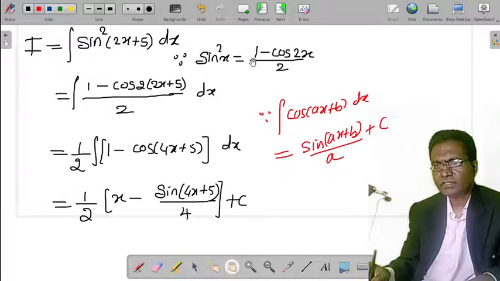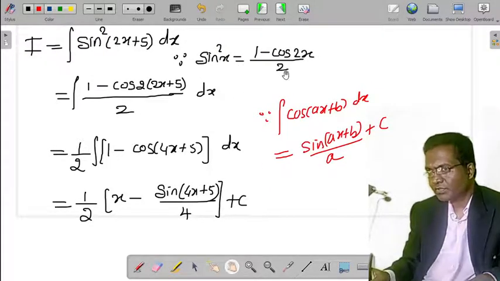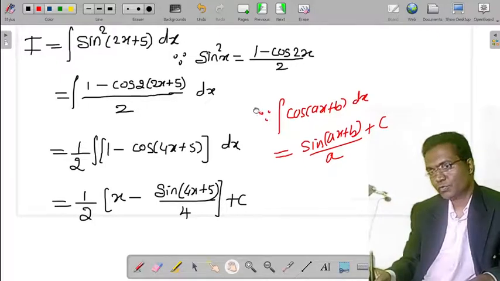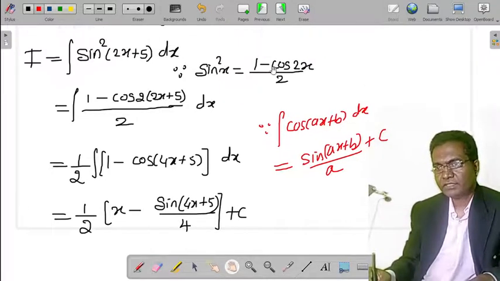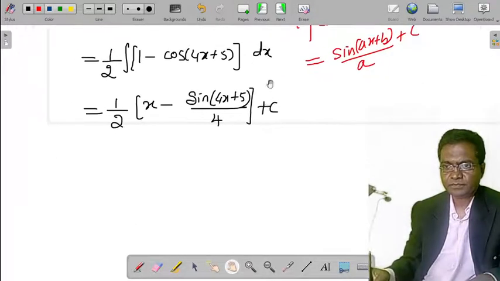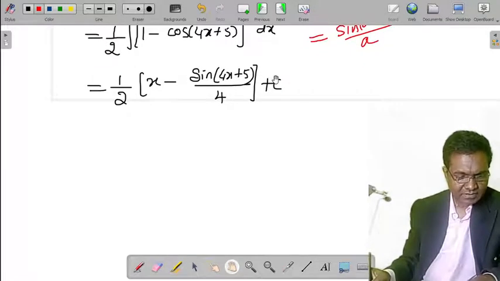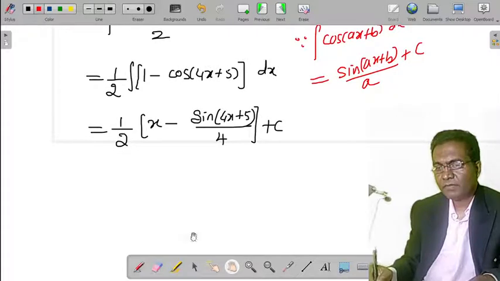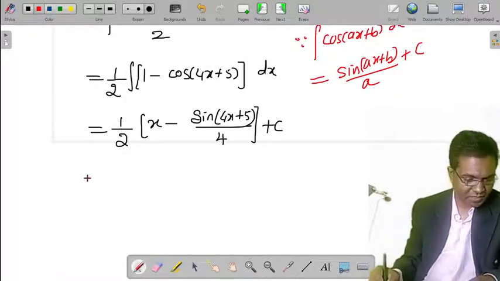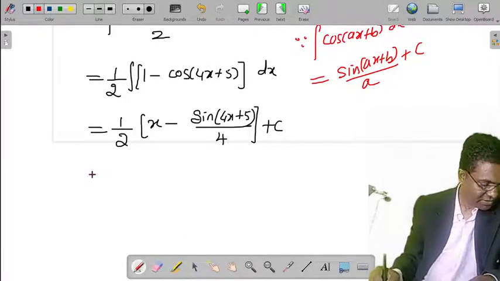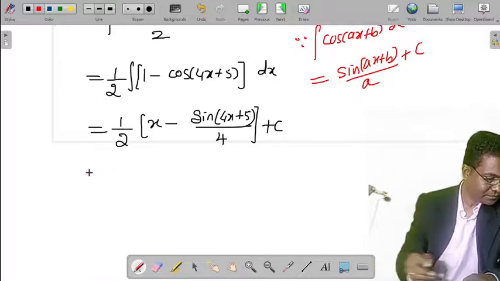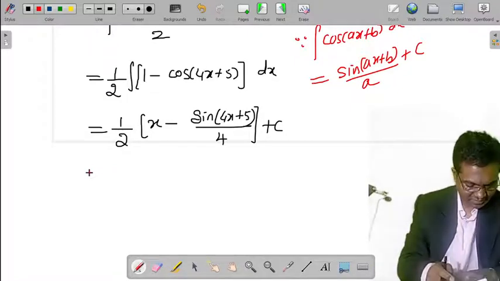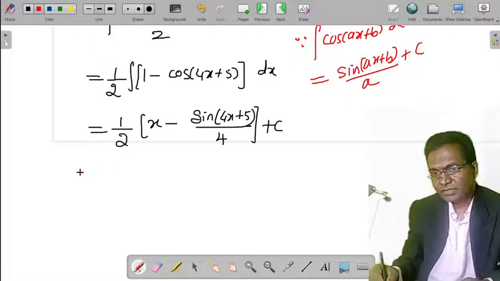Please note, sine square x is 1 minus cos 2x by 2, so the angle gets doubled here. Let me first do the complete exercise, otherwise this is your example.